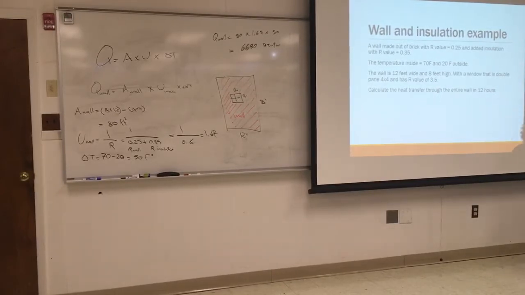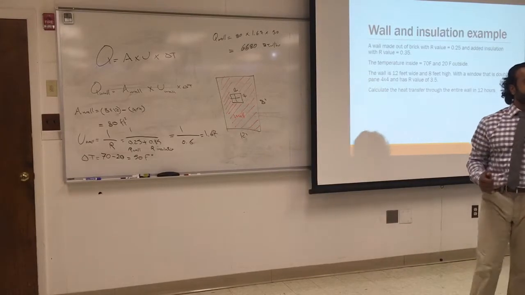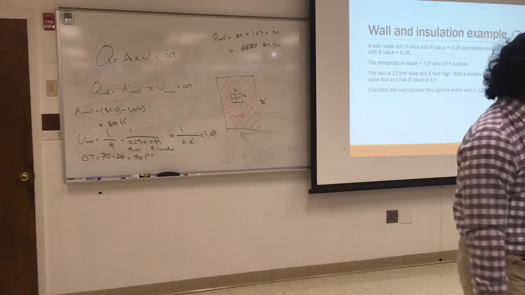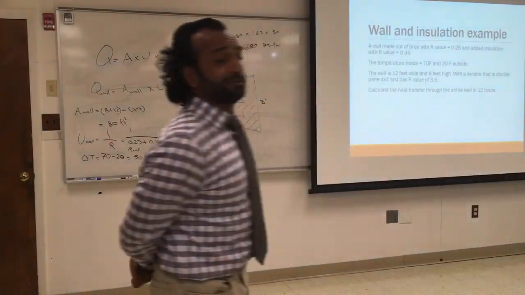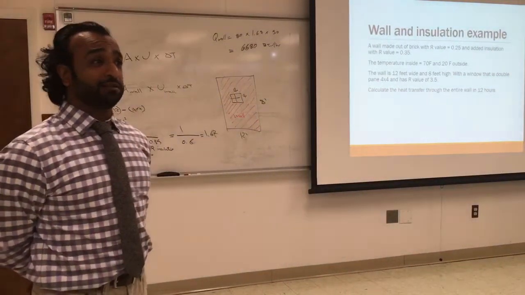That's $82,000. So 82,000 BTUs going through that wall over 12 hours. It's a small wall, and that's a lot.